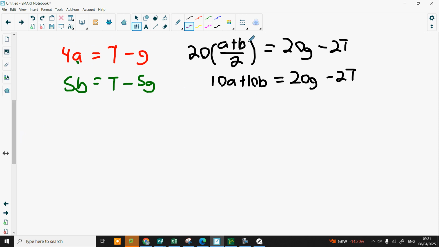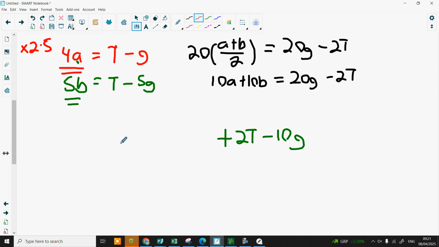All right, ready? Now, here's what we're going to do. I'm going to double 5B to get what? 10B, which will be 2T minus 10g, yeah. For the 4, how do you turn 4 into 10? Would you multiply by 2.5? Would that make sense? So multiply the whole equation by 2.5.